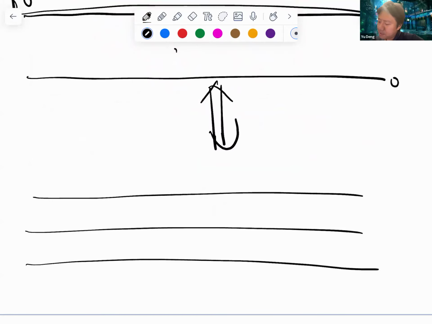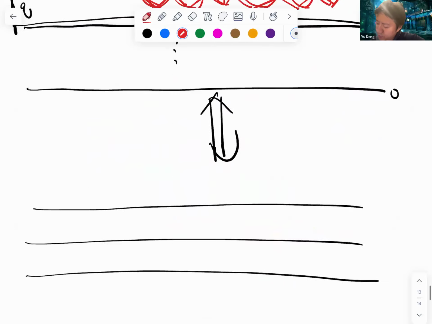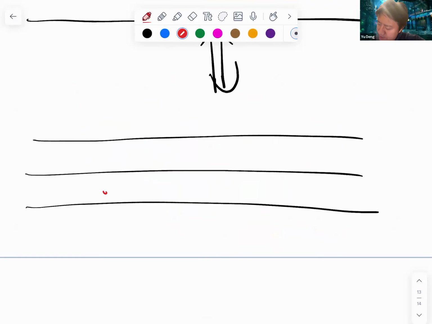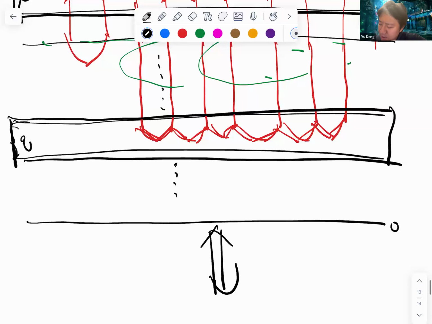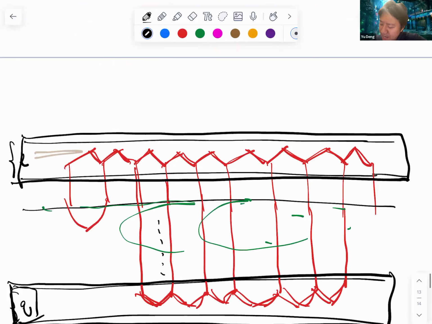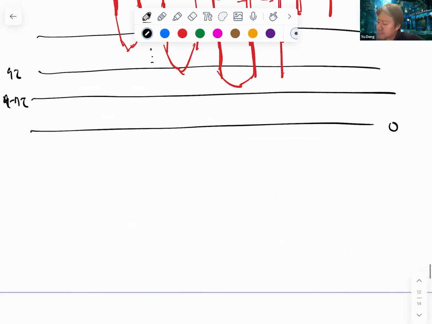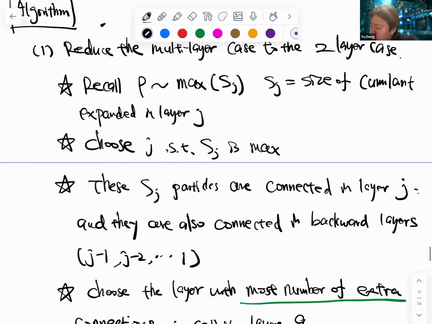We have this, this, having this. So in this way, we only have layer Q and layer L, and it's enough to produce enough recollisions.